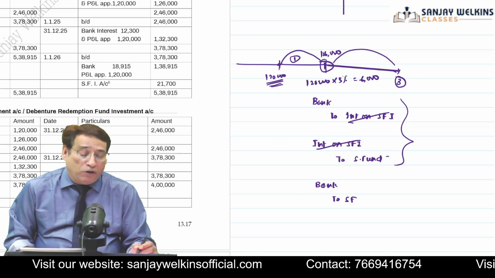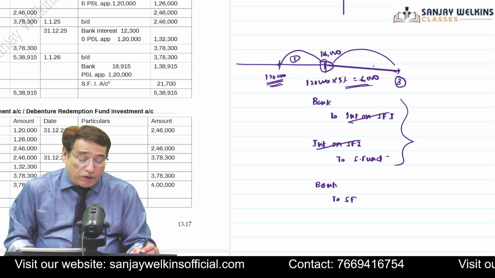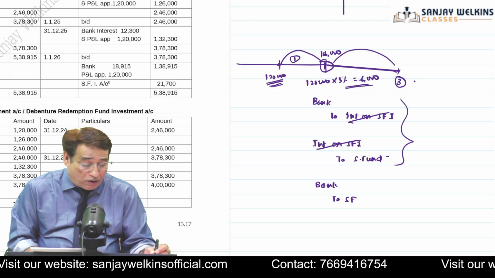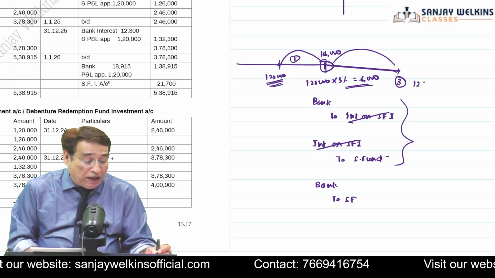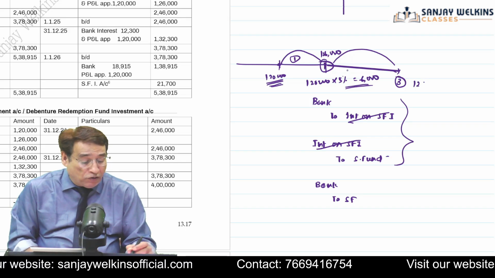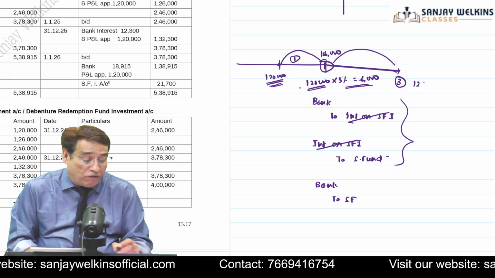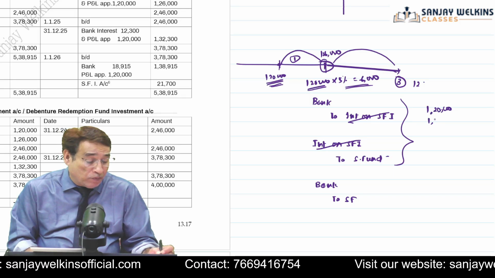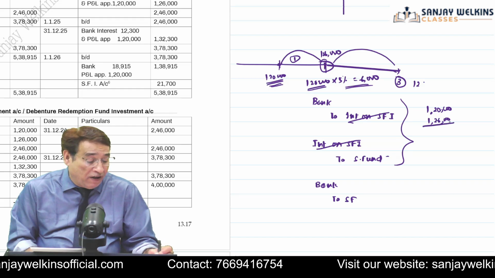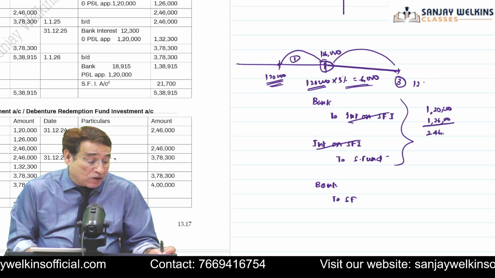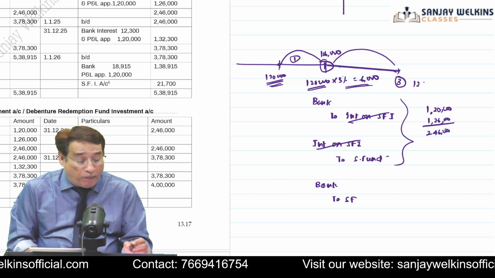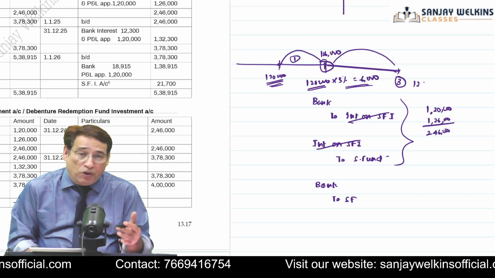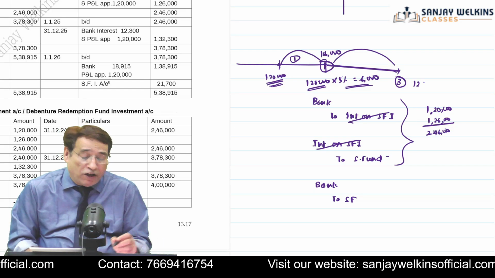First of all, I need to know my total investment. In the first year you made an investment of 1,20,000, and in the second year you made an investment of 1,26,000. That means your total investment is 2,46,000 by the end of the second year.